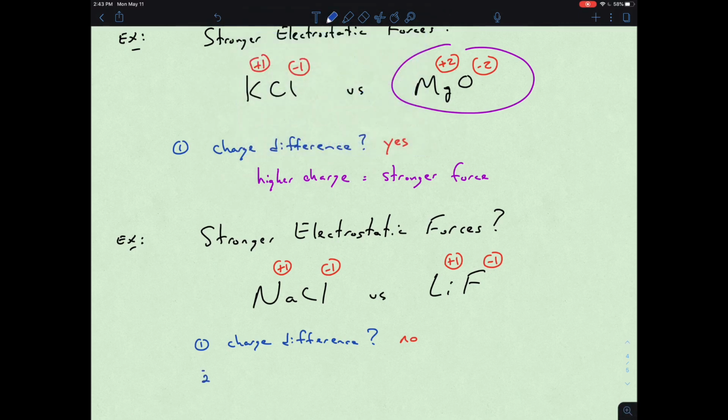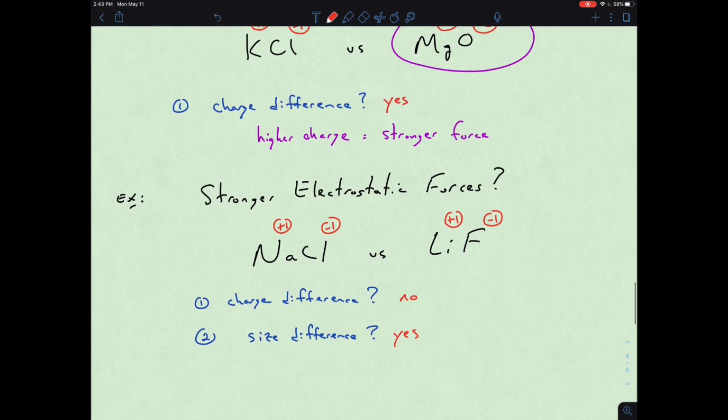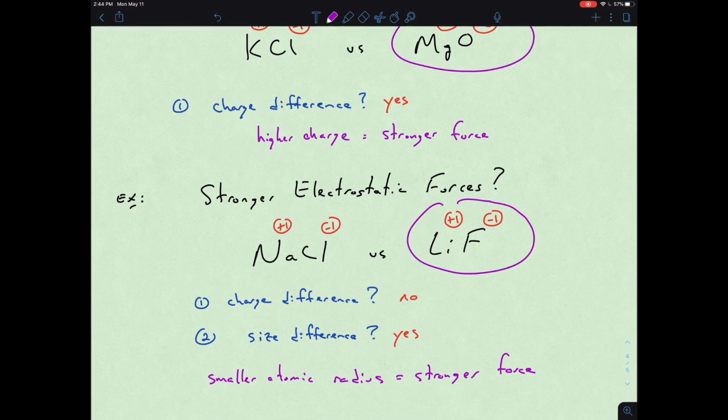So then we go to size difference, which there always will be. But you only go to it if the first part, the charge part, is no. So now we could say, well, smaller atomic radius is equal to the stronger force. And so that's why we would have lithium fluoride.